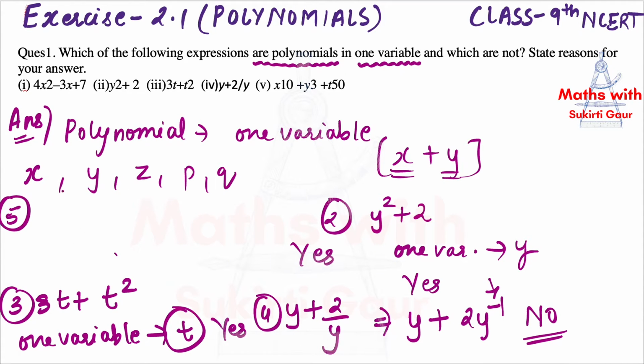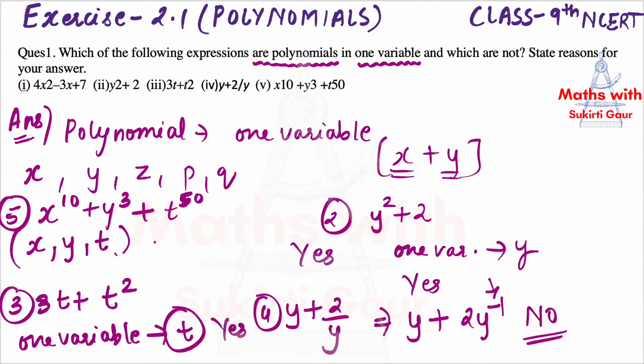Last part is fifth, that is x to the power 10 plus y to the power 3 plus t to the power 50. Now it is clearly seen here that the polynomial contains 3 types of variable, x, y and t. Hence it is not a polynomial with only one variable.